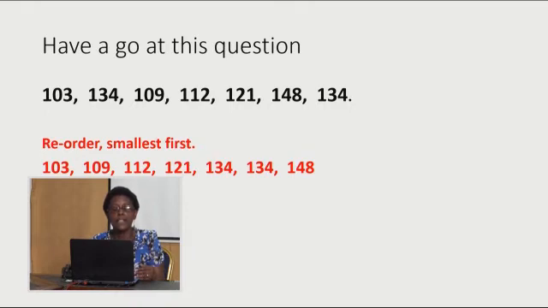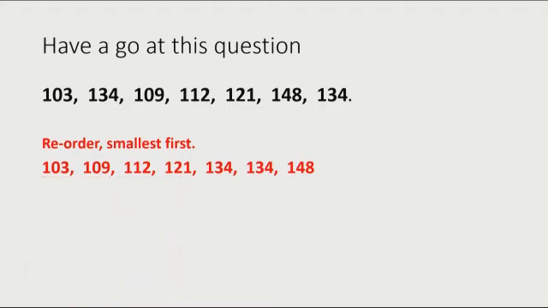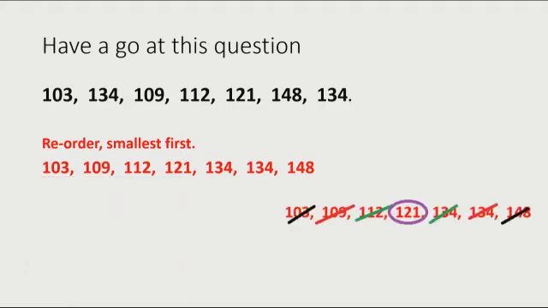103, 109, 112, 121, 134, 134 because it appears twice, so we need to write it twice, and 148. Now, some of you may pick up the middle number straight away. If you've done that, well done. If not, then that's what you should do. Cross out 103, then go to the last one, 148.